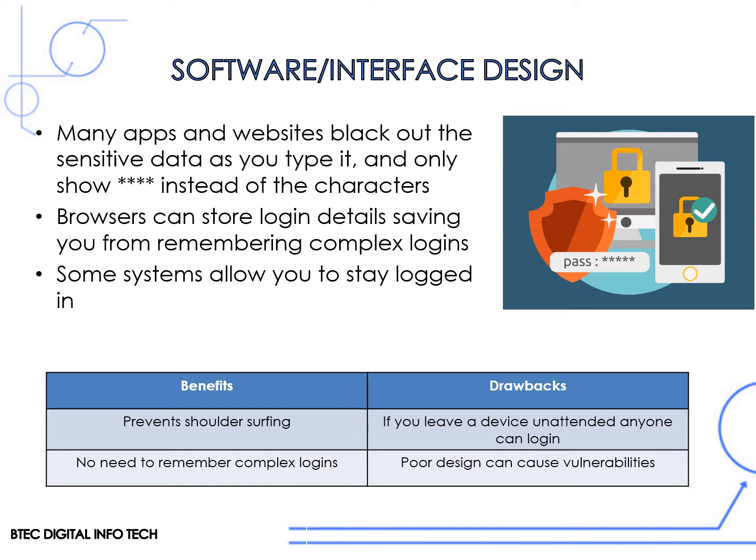So one way that you could design your interface is to use some sort of method of obscuring the password. The most common use of this is where they put asterisk symbols instead of the characters that you're typing for a password. So if anybody happened to be shoulder surfing over your shoulder, they can't actually see what your password is showing.